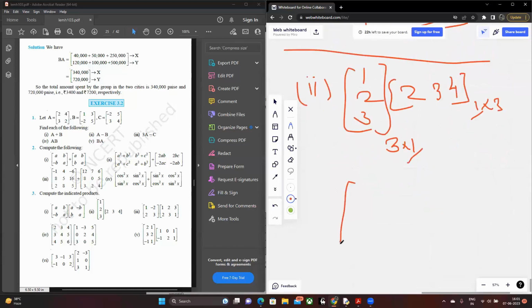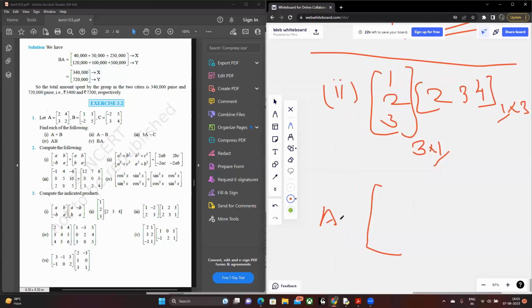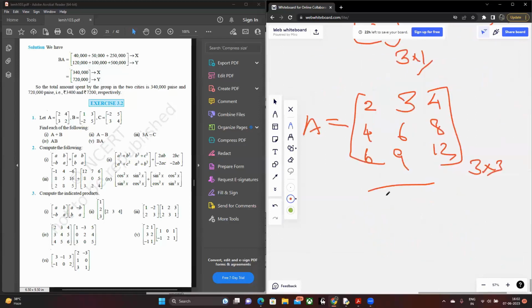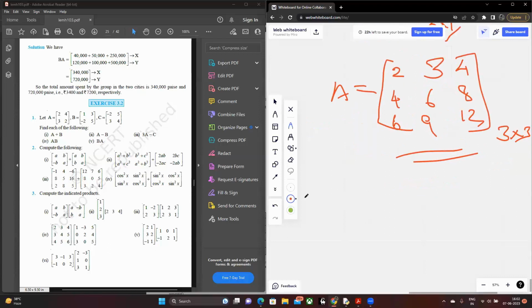So you will have finally a product matrix of order 3 cross 3, right? And that is going to be filled with a row in a column of each element, that is going to be 2, 3, and 4 because it's a multiplication by 1. Then this is going to be multiplied twice, that is 4, 6, and 8. This is going to be multiplied thrice over here, that is 6, 9, and 12. Right? That is going to be your final matrix.